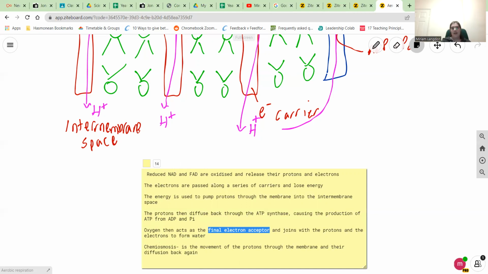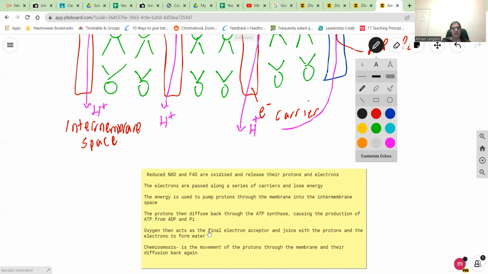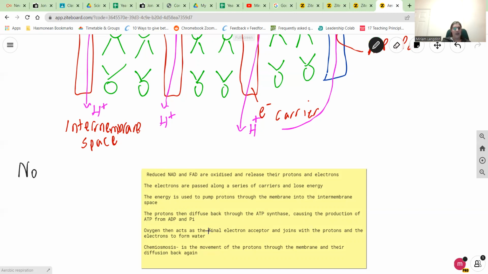If we don't have any oxygen, then we don't have our final electron acceptor. This will link to the next video: no oxygen equals no final electron acceptor. That means the whole of oxidative phosphorylation grinds to a halt.